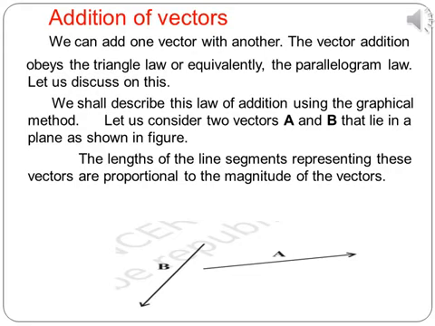Let us consider two vectors, vector A and vector B, that lie in a plane as shown in the given figure. The lengths of the line segments representing these vectors are proportional to the magnitudes of the vectors.